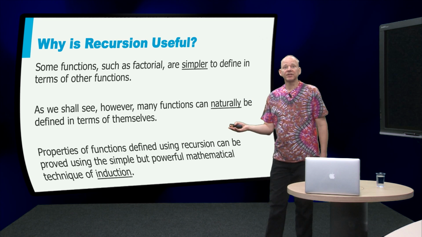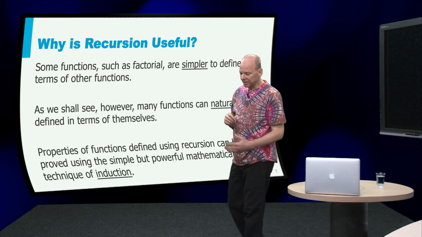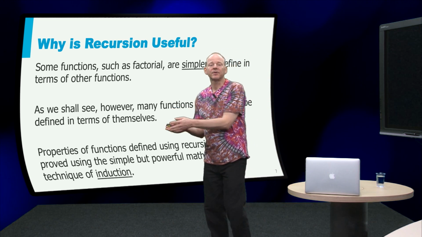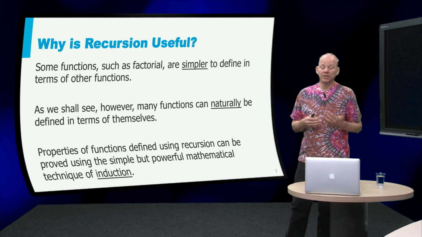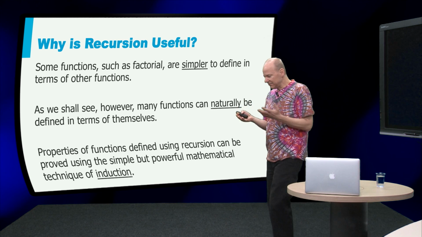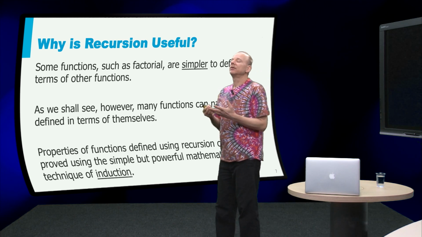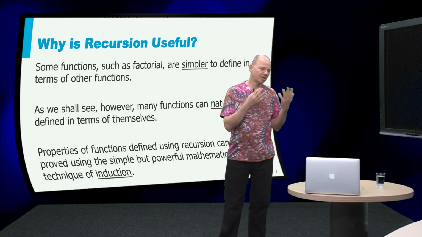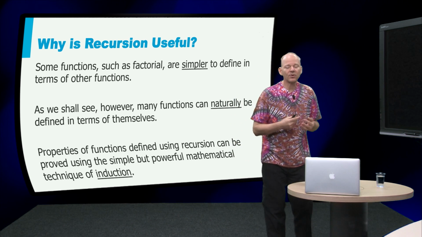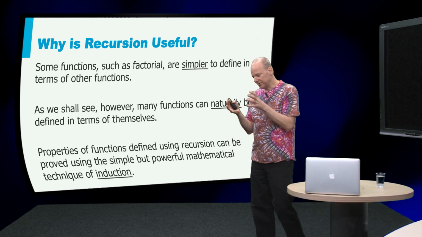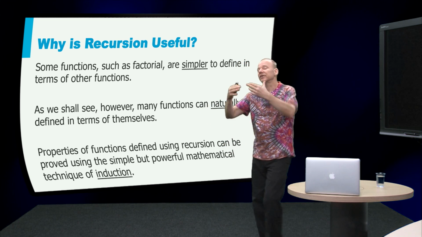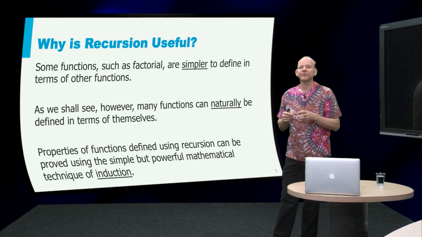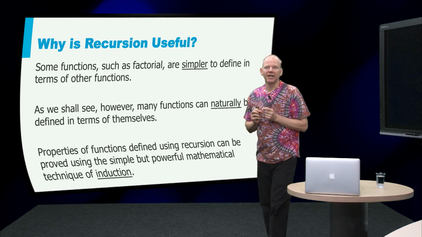Some functions, like factorial, can be defined either recursively or in terms of other functions. Whether you define something using recursion, in terms of other functions, or you take this recursion pattern and abstract it as a higher order function and then use it to define another function, that's all a matter of taste.